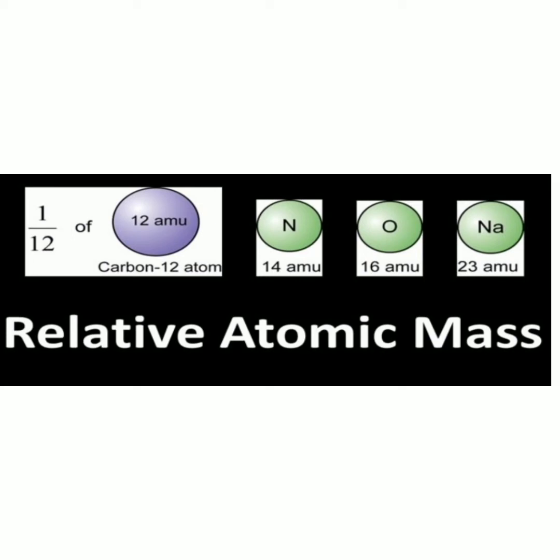These are all relative atomic masses. That is, the mass of one atom is compared to the mass of another atom. Here, the atomic masses of elements are expressed by considering 1 by 12 the mass of an atom of carbon-12 as one unit. That is why most of these values are whole numbers.